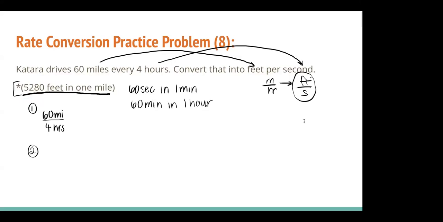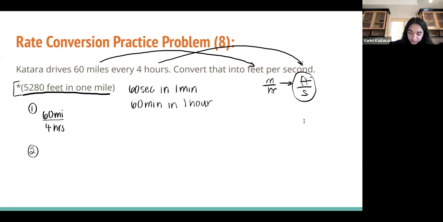Miles on top, feet at the bottom. Okay, so if I put miles on top and feet on the bottom, if I multiply this out, do my miles cancel? Or do I still have miles? I'd still have miles because I'd multiply across like this.